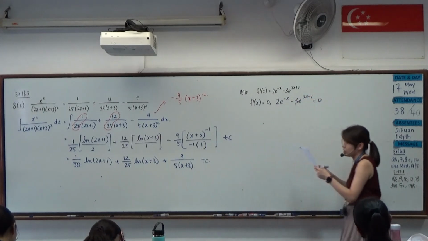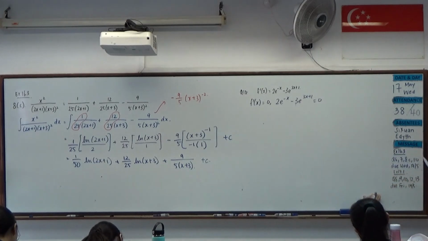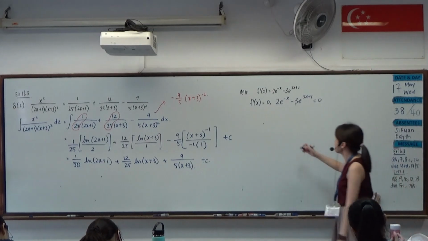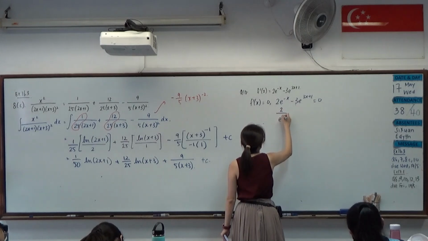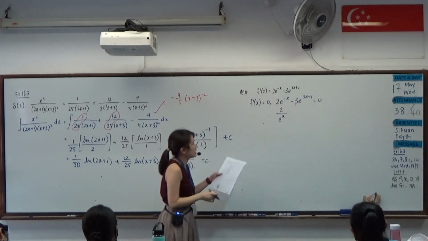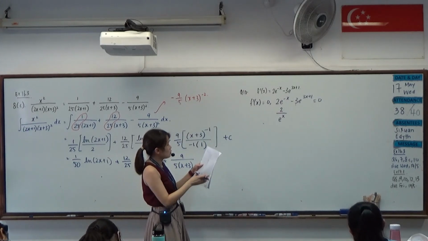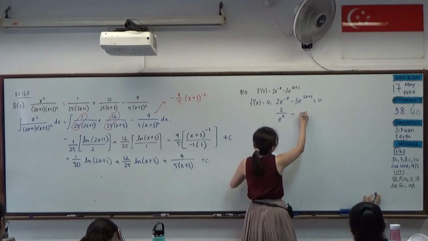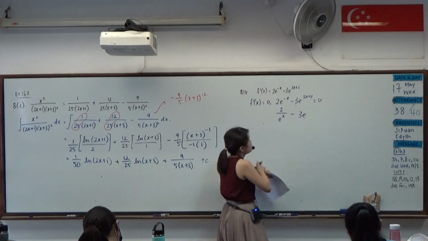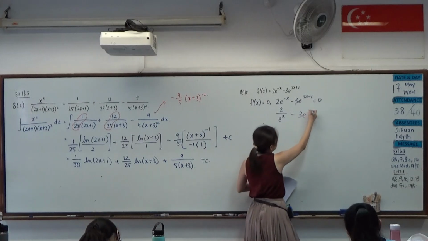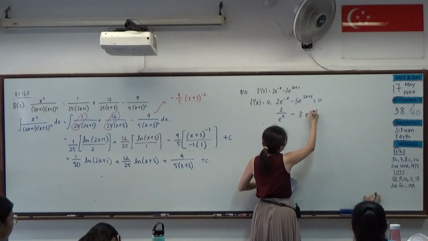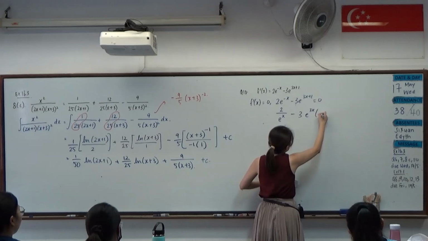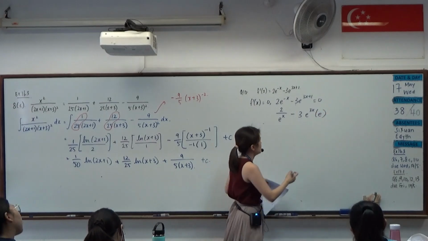So we attempt to actually solve this question. In your attempt, we can change the e to the power negative x into a denominator, e to the power x. And in this case, e to the power 3x plus 1, we can see it as e to the power 3x times e to the power of 1.